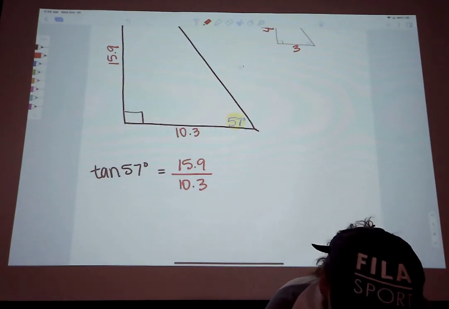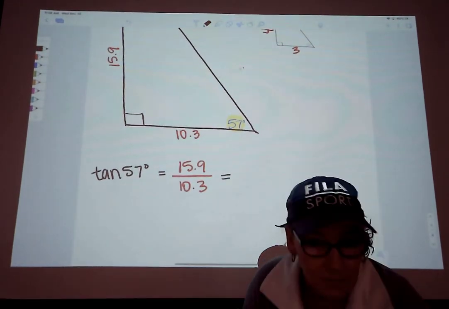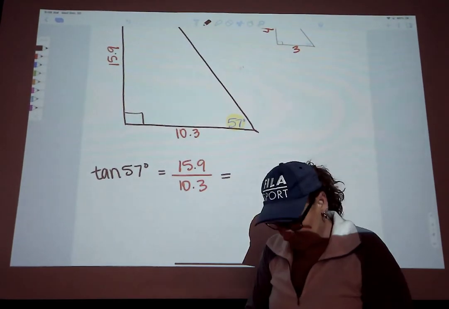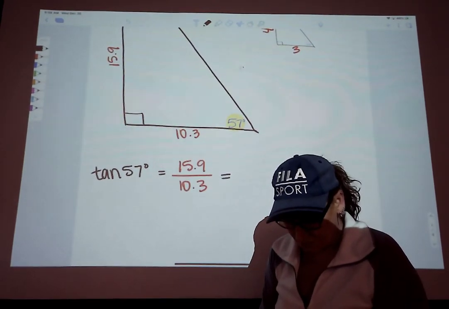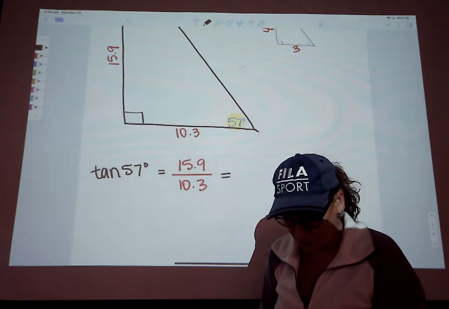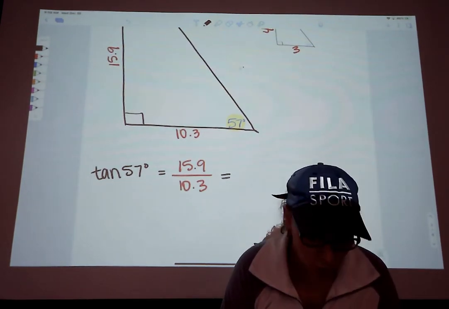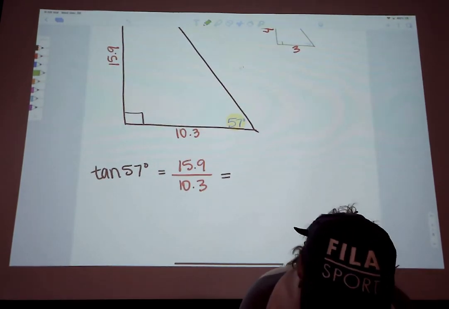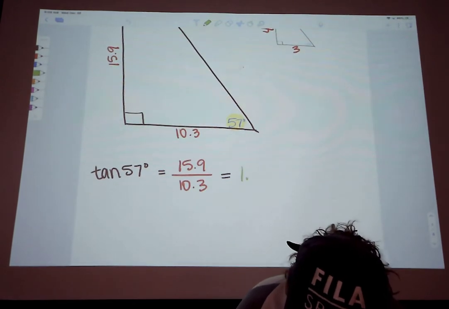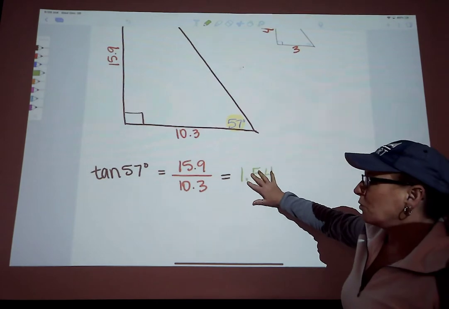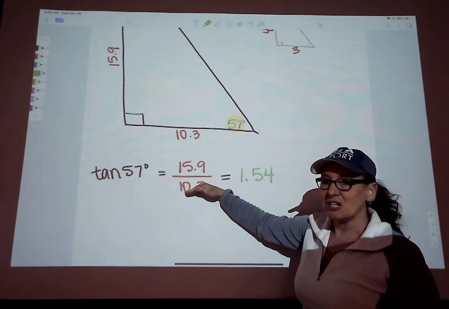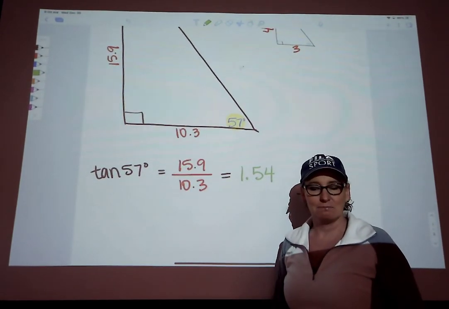If I do that math, 15.9 divided by 10.3, I get 1.54. 1.54 is how my opposite and adjacent side lengths compare to each other.